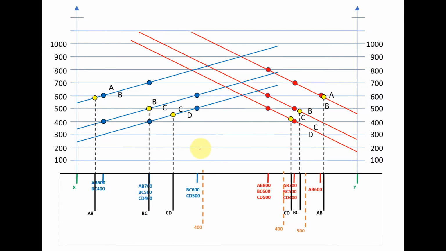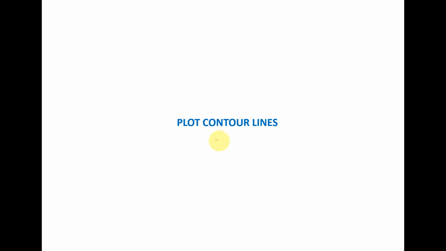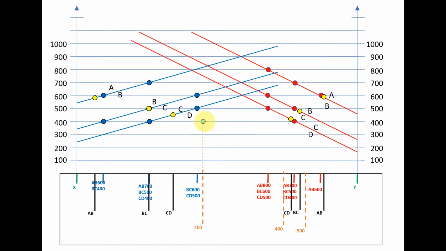After this, we need to plot our contour lines. So 400, which is there, it has to go till 400 and stop. Then the next contour is again 400 on this side. It has to go on the 400 and stop. Then we have 500. It will go on 500 and stop.